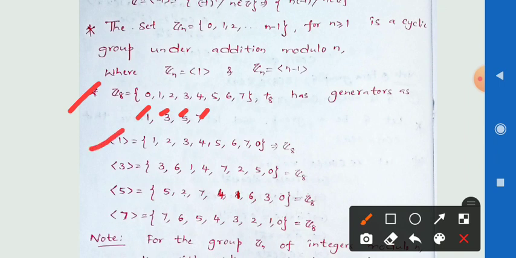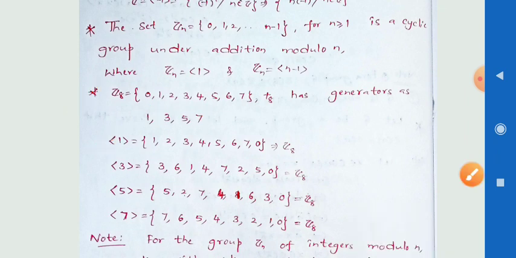I will show, taking generator 1, how we get the values 1 2 3 4 5 6 7 0.